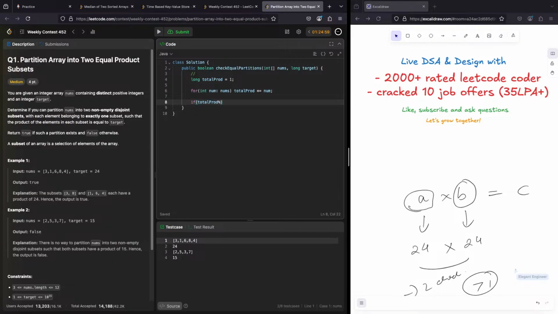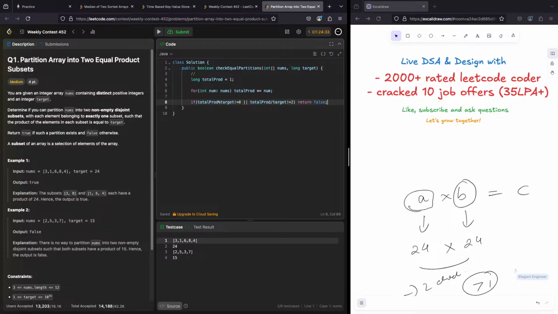if you divide that by 2, total product modulo target is not equal to 0 or total product by target is not equal to 2, return false, right?